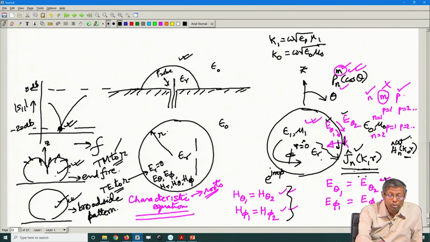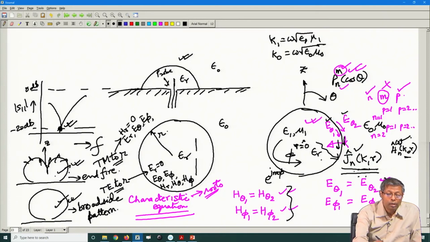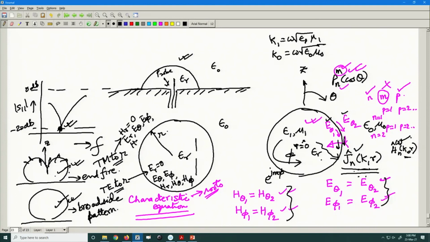Similarly, this mode is TM to r, transverse magnetic to r, which means its H r, the radial component, is 0. Therefore, its field components are E r, E theta, E phi, H theta, and H phi.